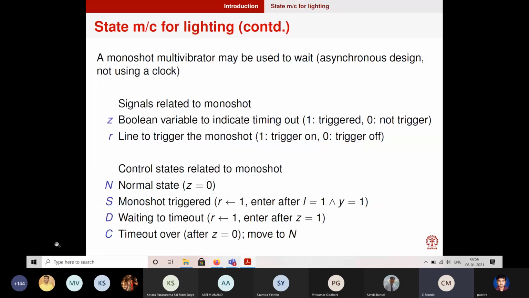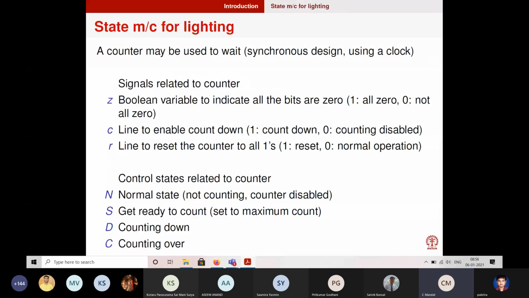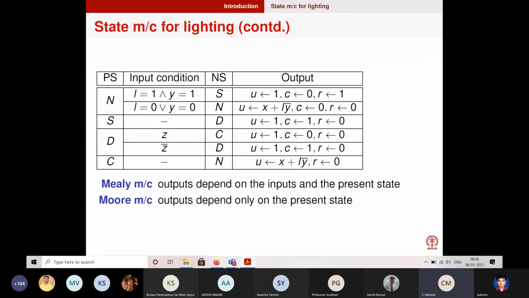Here you have got 3 output lines, and you have got certain inputs. You can see this L is an input, Y is an input, and so on. So for a sequential machine, you have some primary inputs, primary outputs, secondary inputs and secondary outputs.